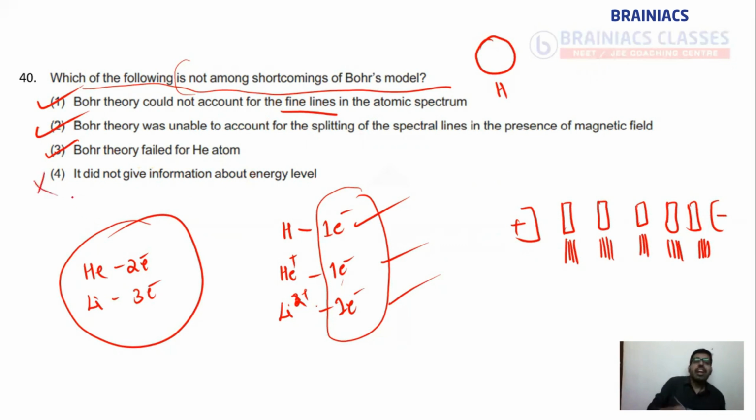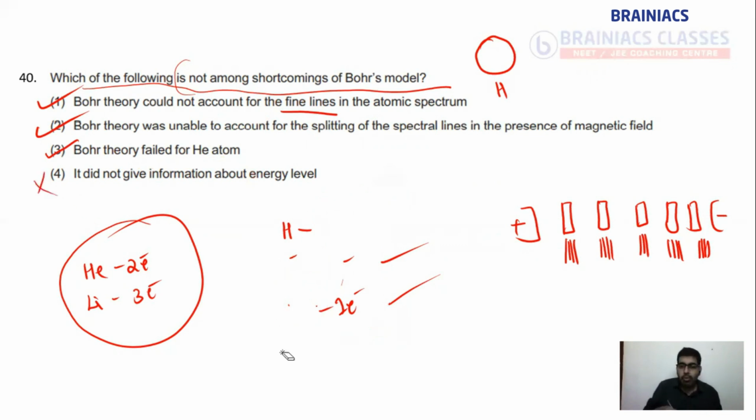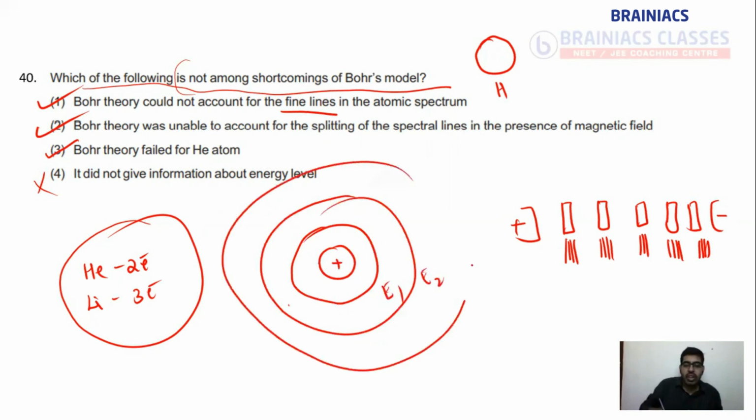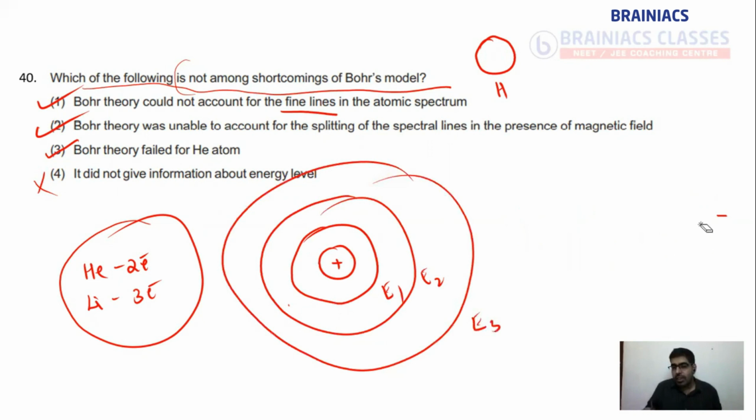The option says it does not give information about energy. This is wrong. The Bohr model gave information about energy levels, right? The first shell has energy E1, the second shell has energy E2, the third shell has energy E3, and so on. He gave the energy of orbits, and he gave an equation to calculate it: En is equal to minus 2.18 times 10 raised to minus 18 Z square by n square joules per atom.